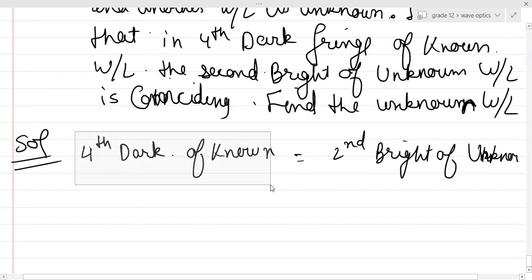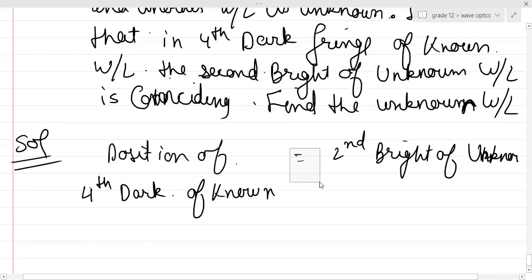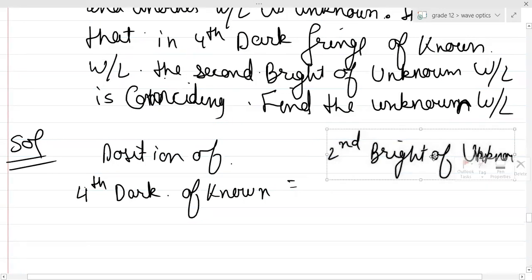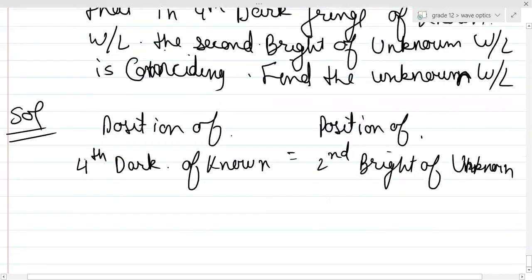That implies the position of fourth dark of known is equal to the position of second bright of unknown, right?